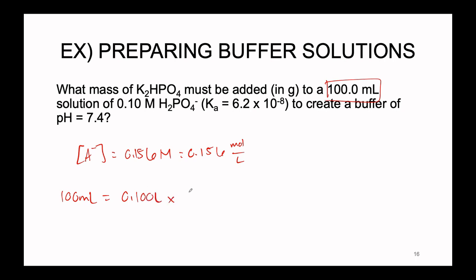And we can take that value and multiply it by our concentration, the 0.156 moles per every 1 liter, cancel out our liters via dimensional analysis to find 0.0156 moles.